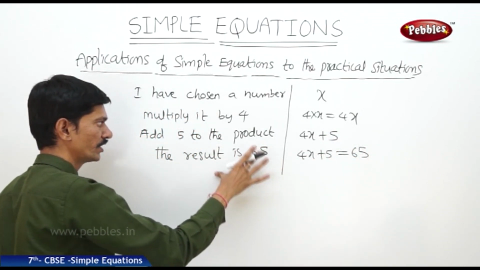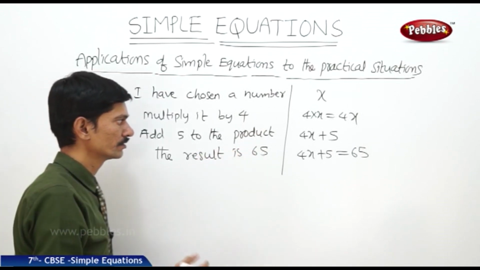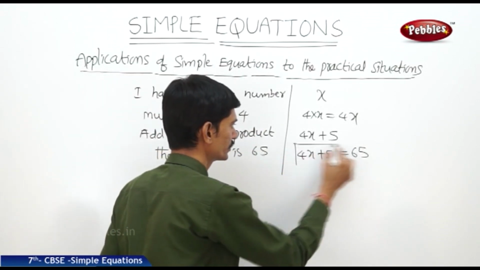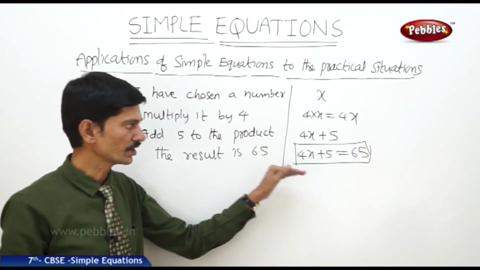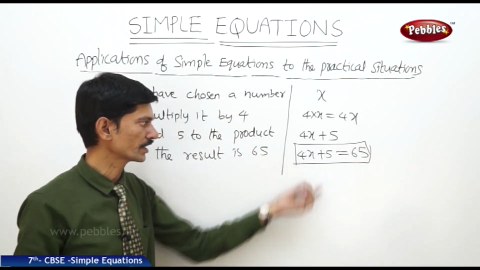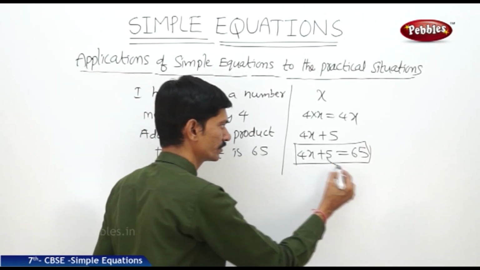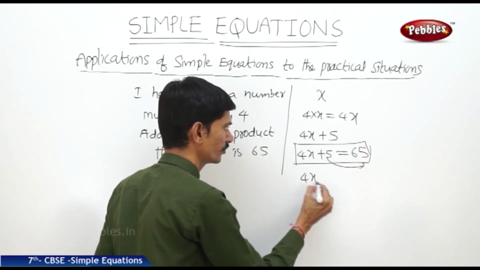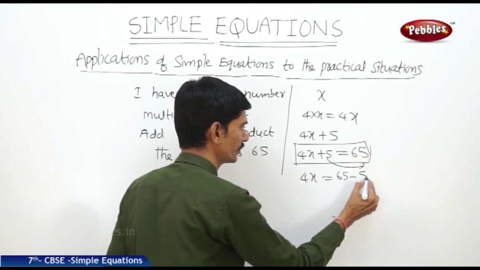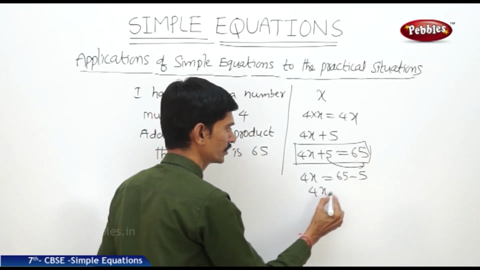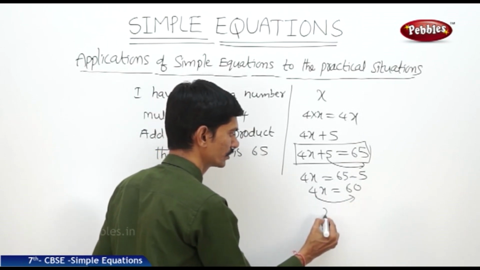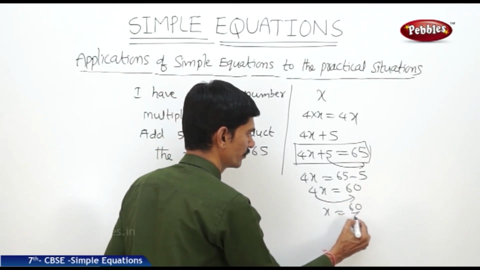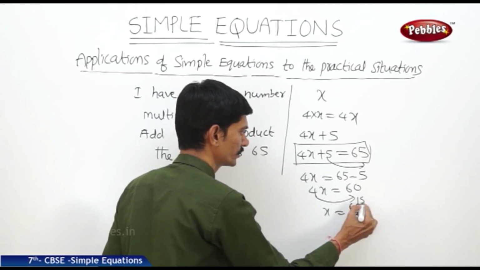Now based on the rider, we have formed a simple equation, that is 4x plus 5 equal to 65. Now by solving this simple equation, you will get the value of x. By transposing plus 5 to the RHS, we get 4x equal to 65 minus 5, then 4x equals 60. By transposing 4 to the RHS, we get x equal to 60 by 4. 4 15s are 60.